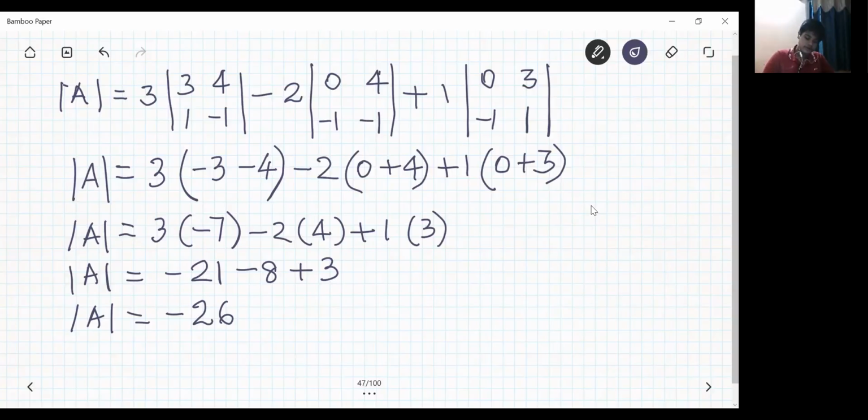Alpha 1 1 is equal to minus 1 to the power of 1 plus 1.